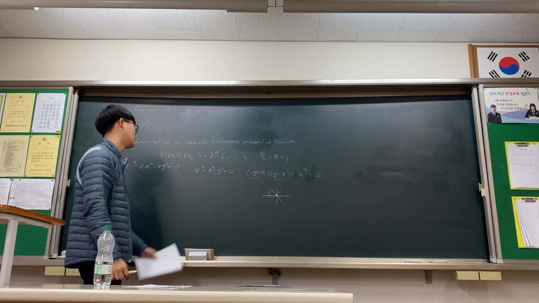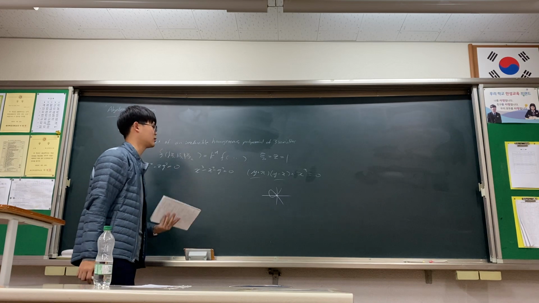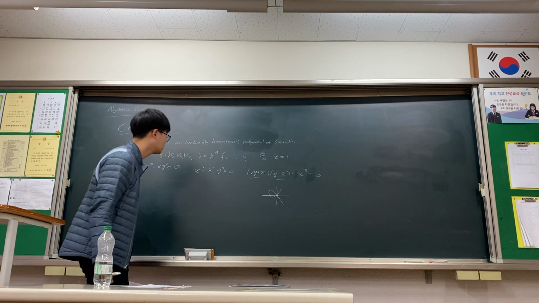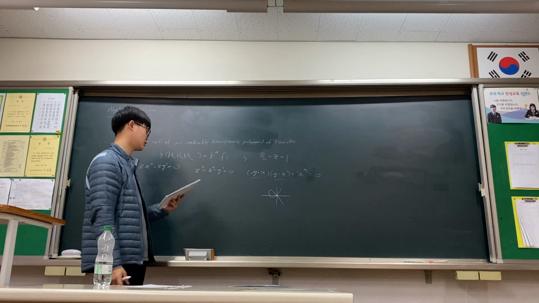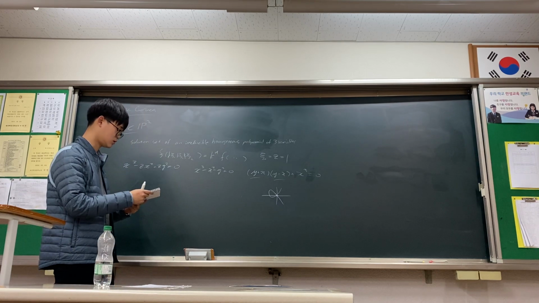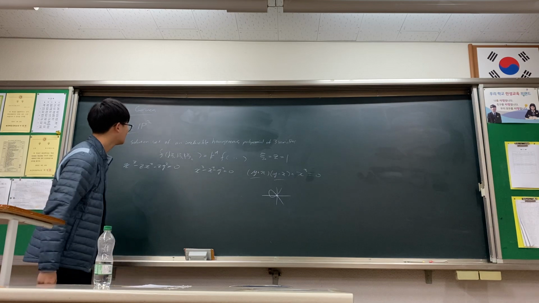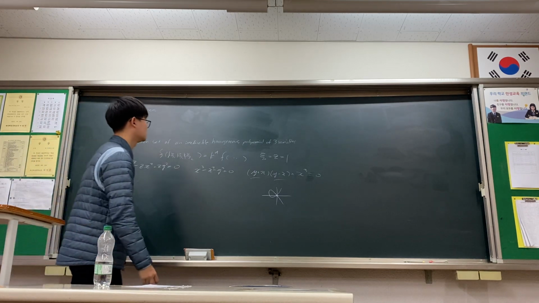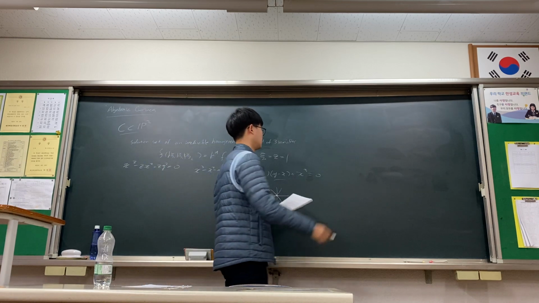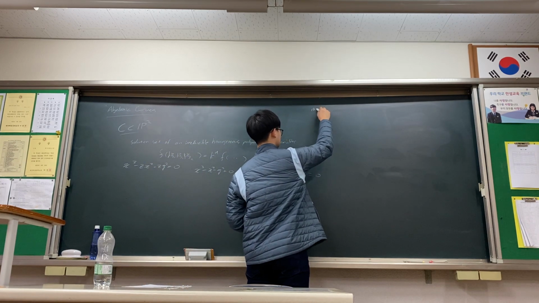One result is that irreducible algebraic curves are connected, which I'm not going to prove. And this will ensure that smooth algebraic curves will be Riemann surfaces. Actually, the more important concept, I would say, is the concept of normalization.